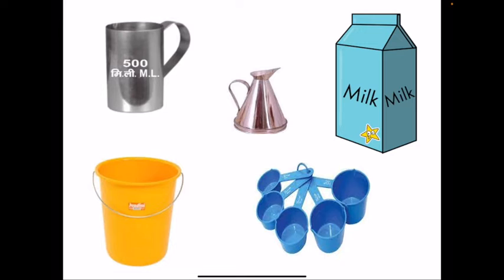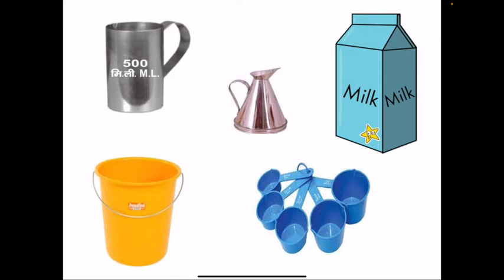Now these are the pictures of various containers which you see around you. Like this bucket. Every household has this bucket. Now in your bathrooms you use these buckets. There also you must be having 2-3 buckets of different sizes. So a small bucket will hold smaller amount of water and the bigger bucket will hold bigger amount of water.